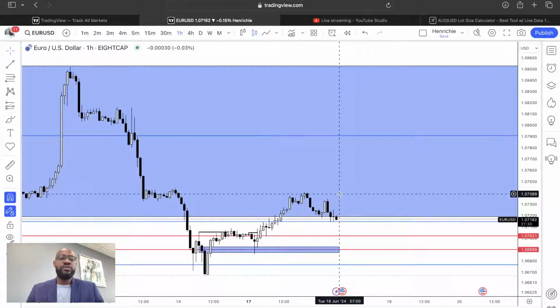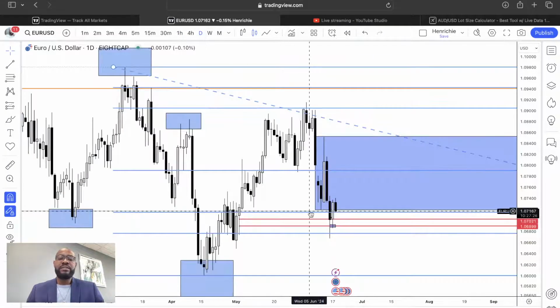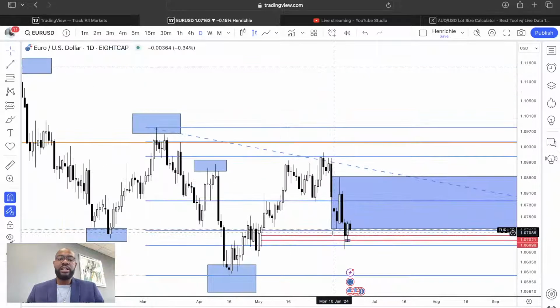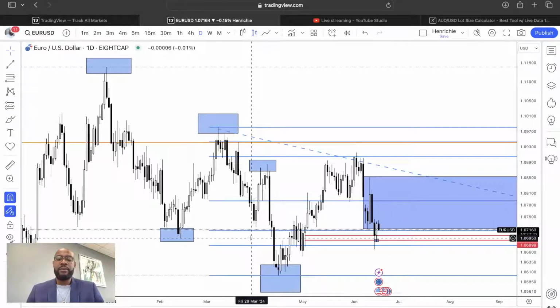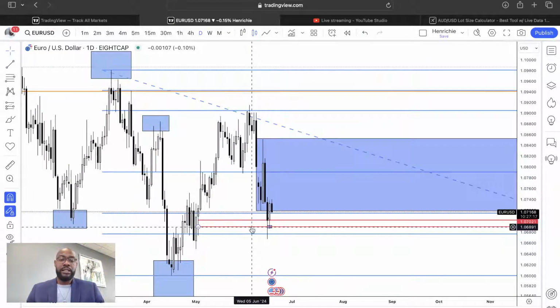Now, looking at Euro US dollar, as you can see, we came to the downside. One of the reasons why I'm not really so keen or interested in trying to buy from where we are right now is because if we're to go to the upside, this key level is going to be the key level to see a reaction.